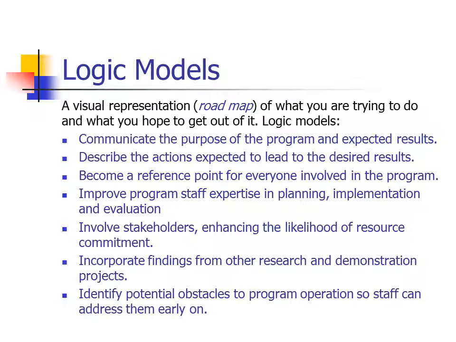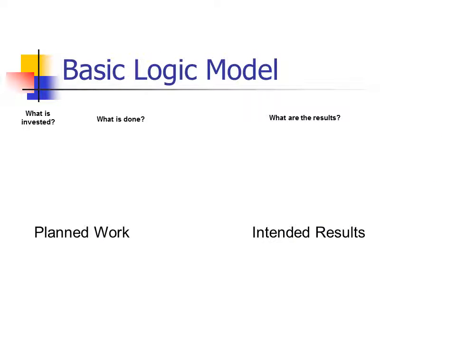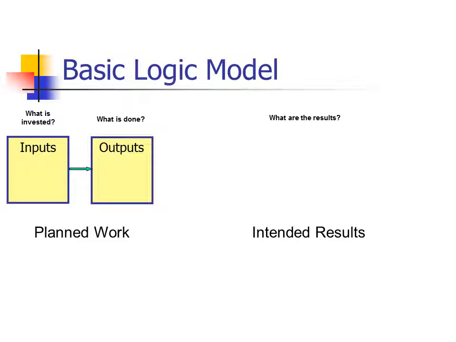It incorporates findings from other research and previous demonstration type projects, and then helps you identify potential obstacles to the program operation, and therefore you can address those obstacles early on. So here's the general focus of a planning model, or the general components of it.